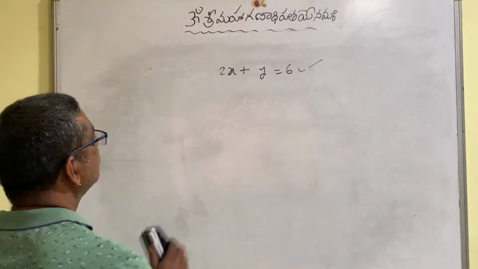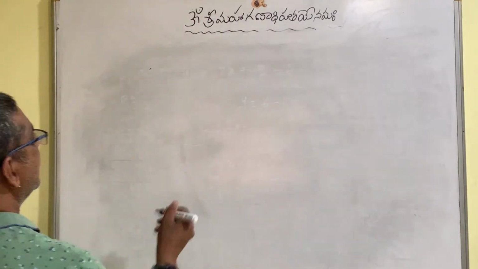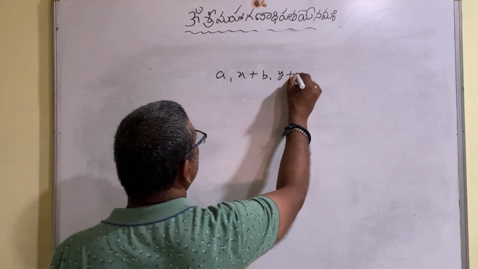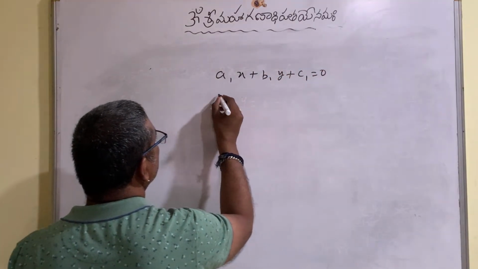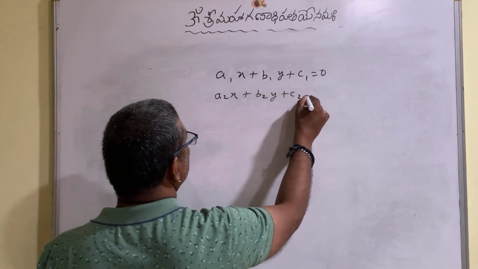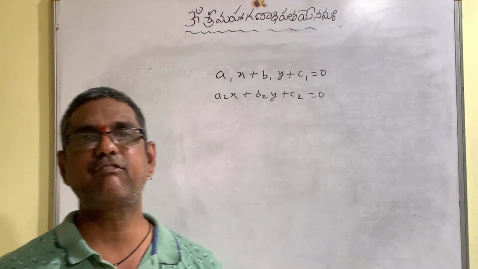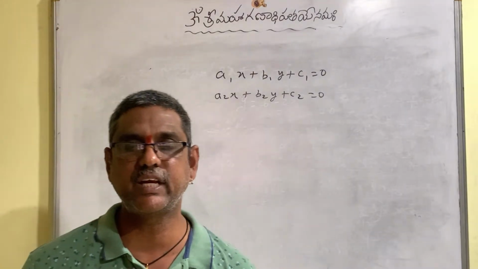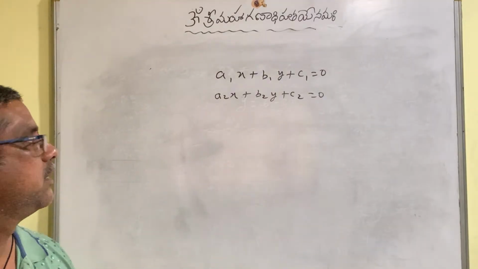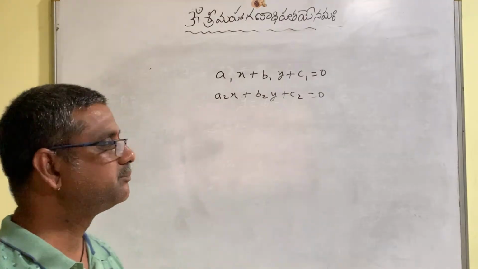First I will write the general form. This is the general form of a pair of linear equations in two variables.